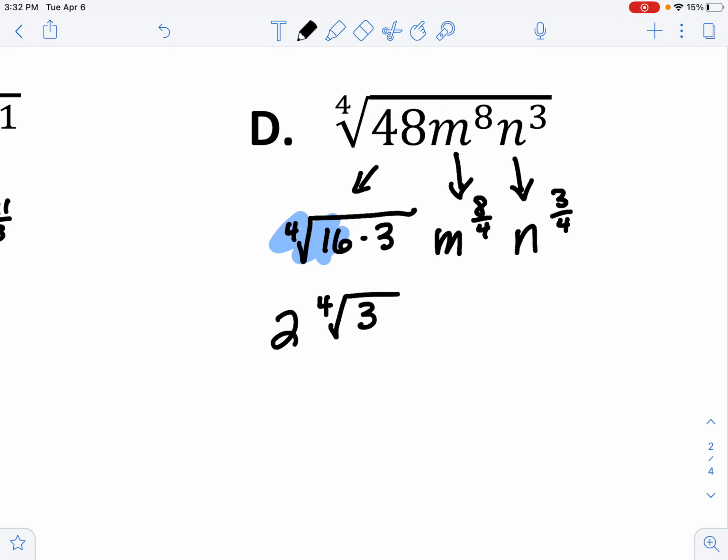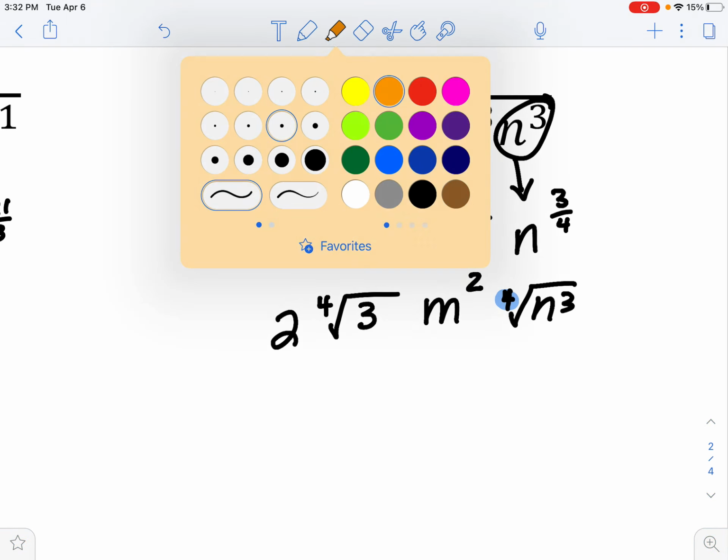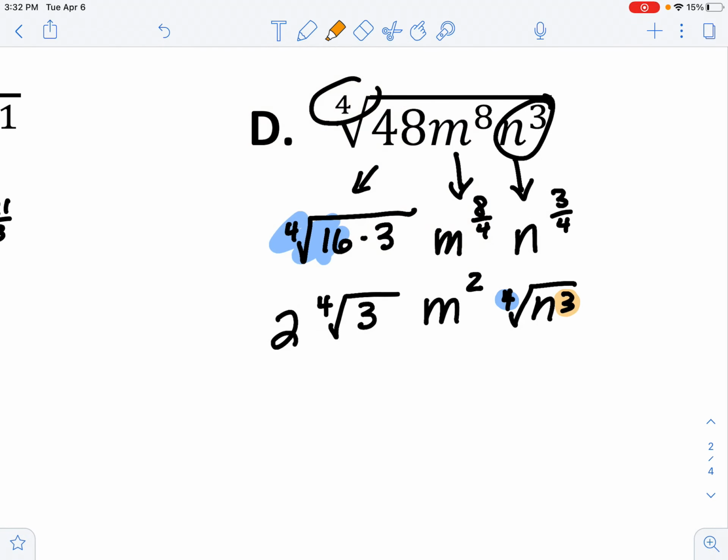8 divided by 4 is 2, so this is going to be no radical for the m. That's going to be m squared. And then this one is not an improper fraction. It can't simplify, so we could have just left it the way it was. So we know that this is just the 4th root of n cubed, because it wasn't an improper fraction, so there wasn't enough factors of n to get out of the radical.